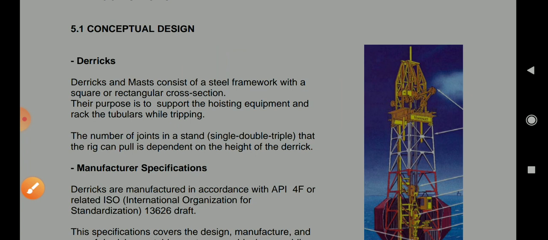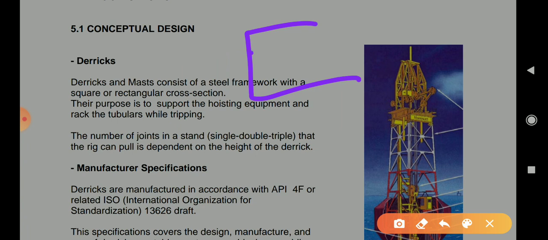Here you see fingers available at the top of the derrick, where the derrickman has his place. The shape is like this, so there will be fingers like this, and there is some arrangement also.